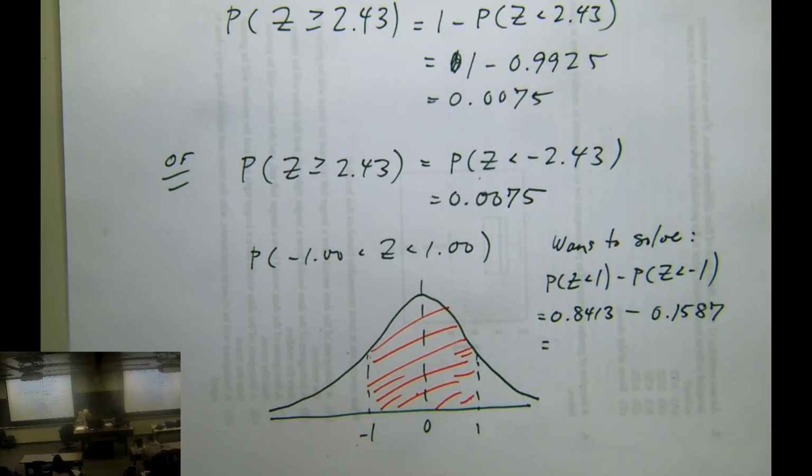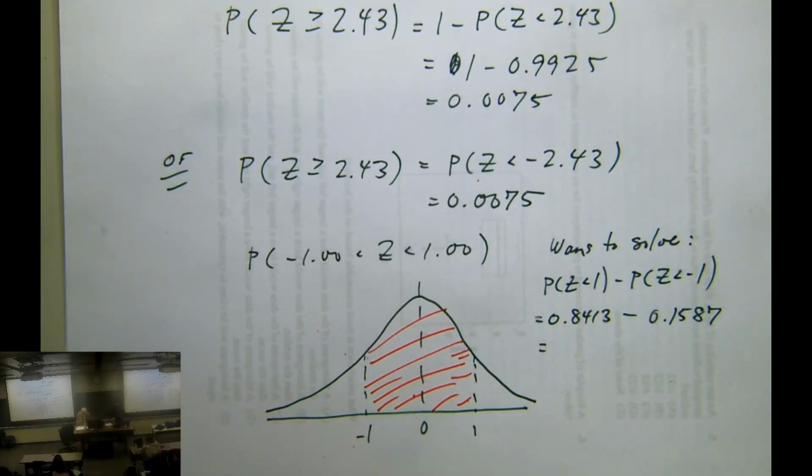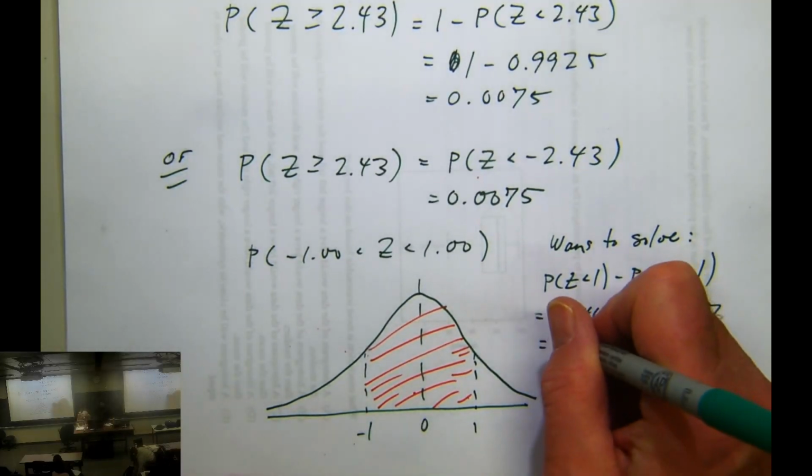Did I get that right? I got 0.6835, but I did it quickly and I'm sleepy, so I don't know if it's right. It can't be. Anybody want to tell me what that is? 0.6826. I got it on my fourth guess.